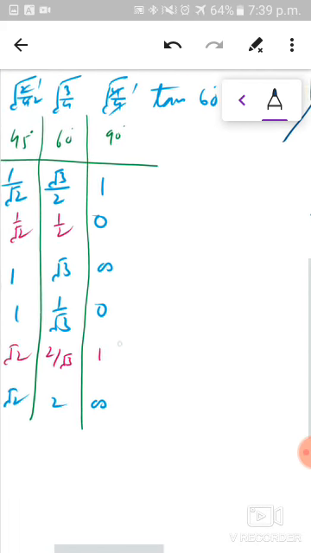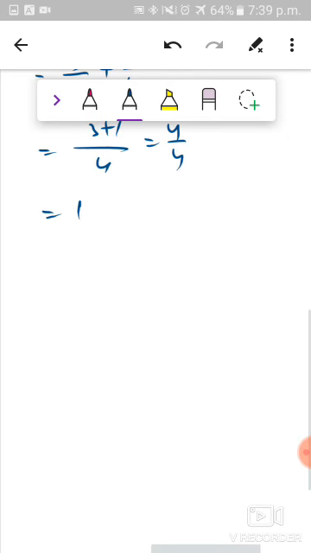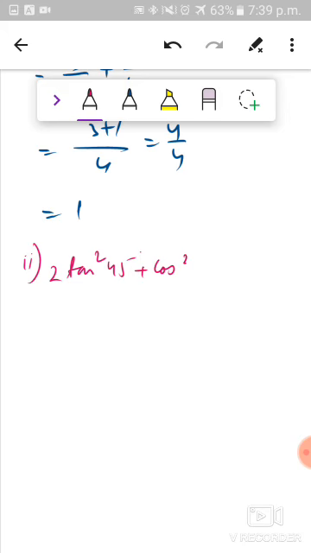Let me take one more part from this. Part 2: 2 tan square 45 degree plus cos square 30 degree minus sin square 60 degree.